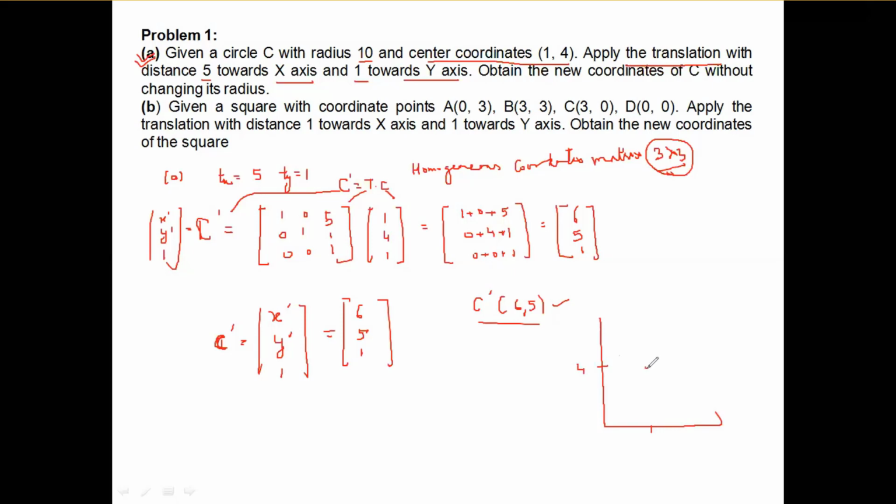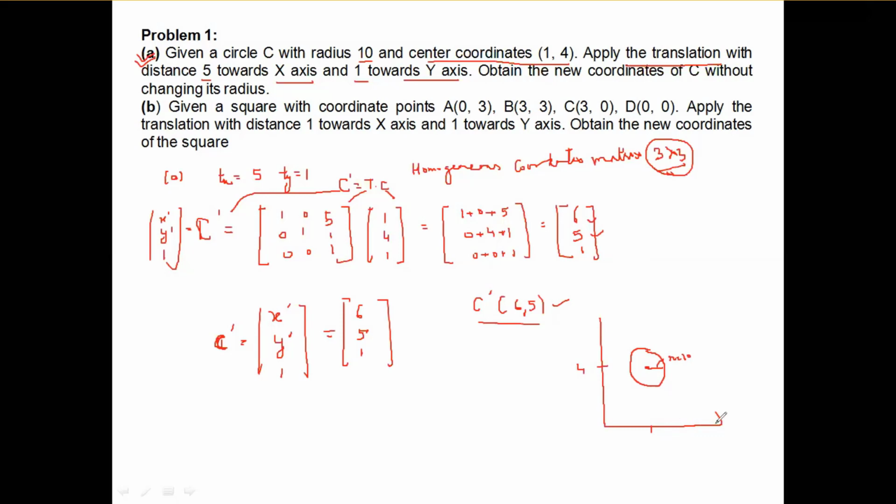At this position the circle was drawn with the radius r equal to 10. Now the new points are generated, meaning the circle has been shifted by tx equal to 5 and ty equal to 1. So the circle will be placed at a different location, that is 6 and 5.